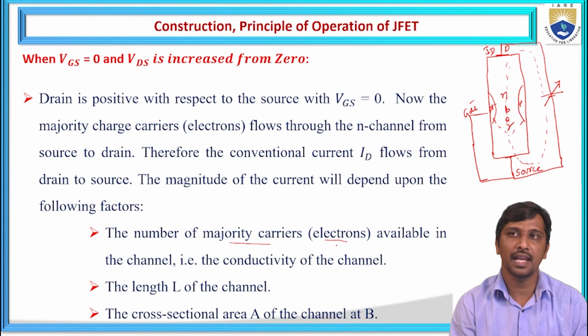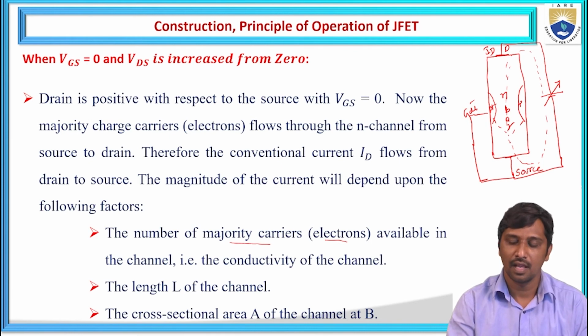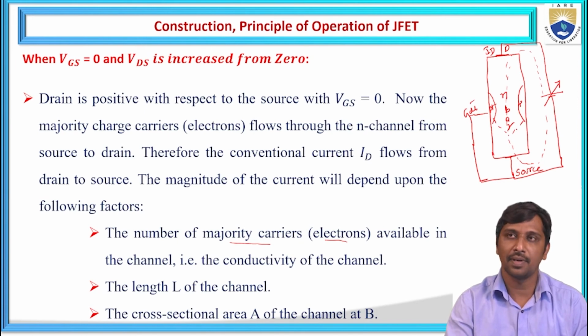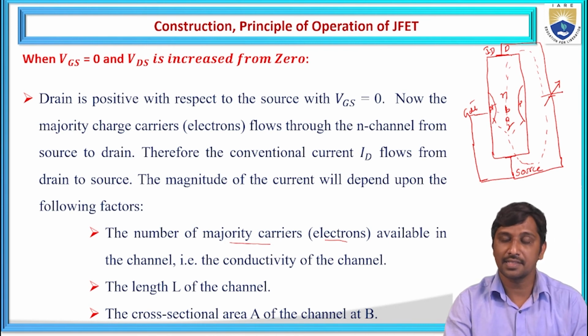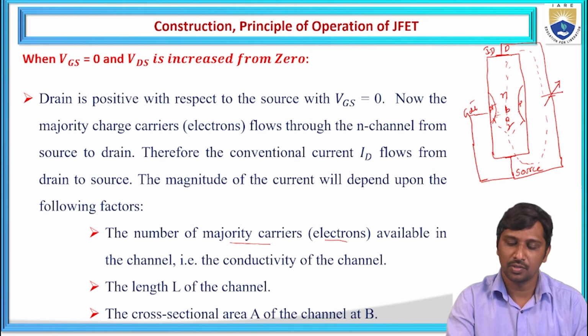So how many charge carriers are there in this channel? Based on the number of charge carriers, the conductivity differs. Along with that, the length of the channel matters. We consider some piece of the bar. The conduction also depends upon the length of the channel as well as the cross-sectional area of the channel. So this is the length and this is the cross-sectional area.